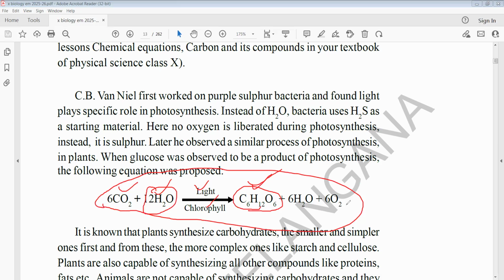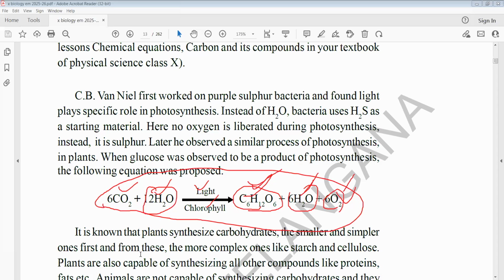Similarly, how many water molecules are released? 6. How many oxygen molecules? 6. So one glucose molecule, 6 molecules of water, 6 molecules of oxygen. This is the number of products. So the chemical equation is important, and there are different ways to ask it in examination.